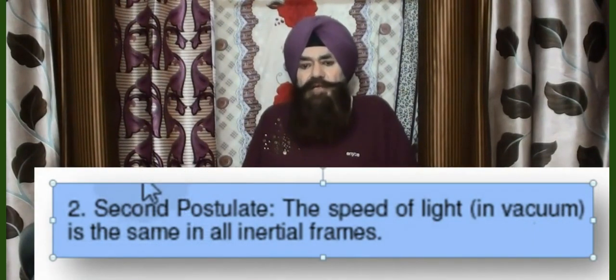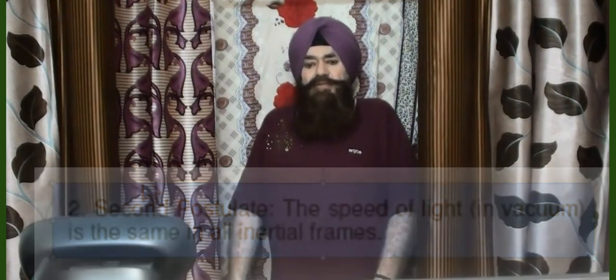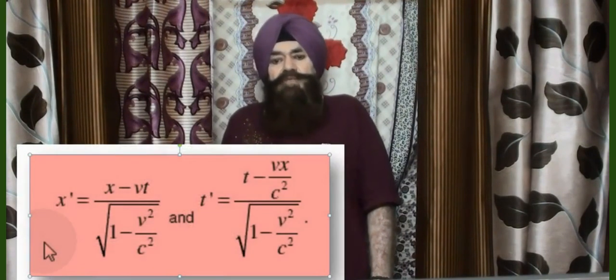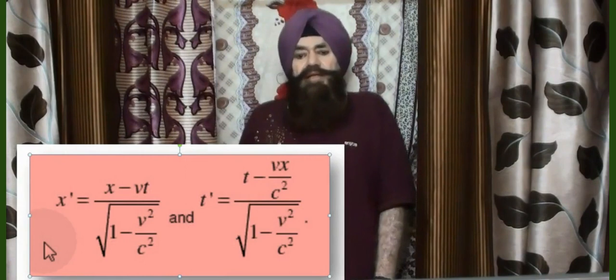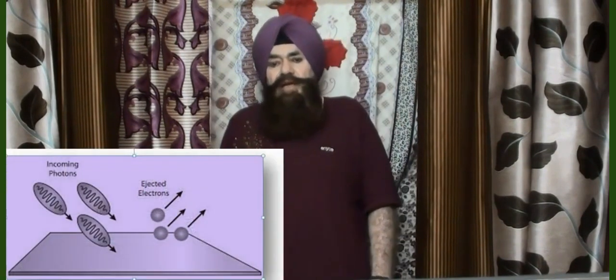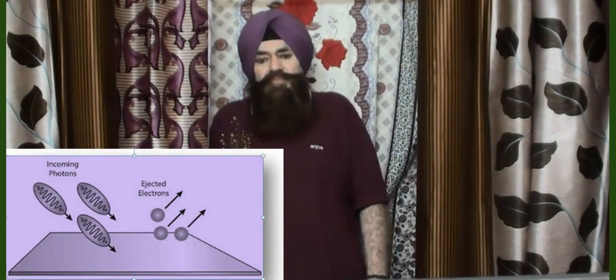The second postulate is that the speed of light in vacuum is the same in all inertial frames. From the second postulate, we can derive the Lorentz transformation equations. Einstein also published in 1905 his famous paper on the photoelectric effect, which won him the Nobel Prize in Physics in 1921.